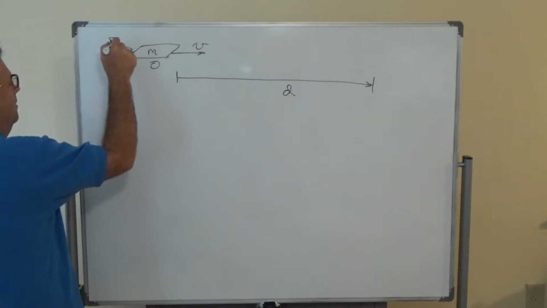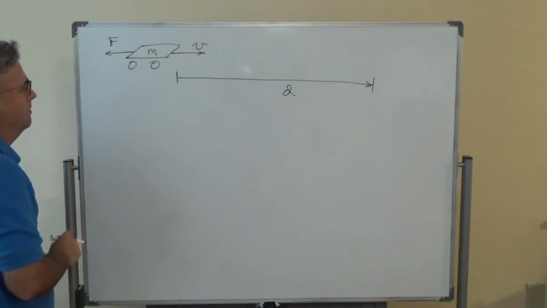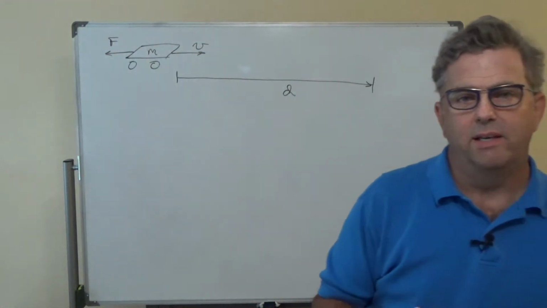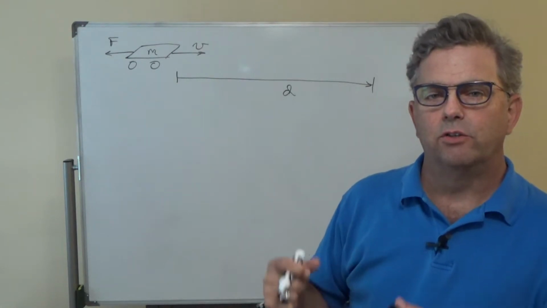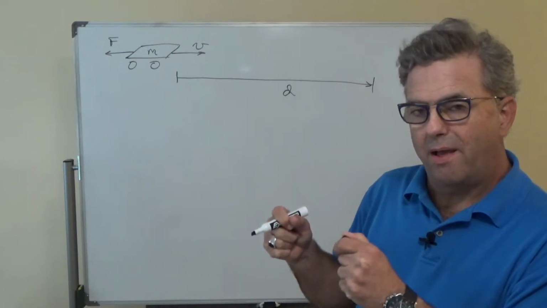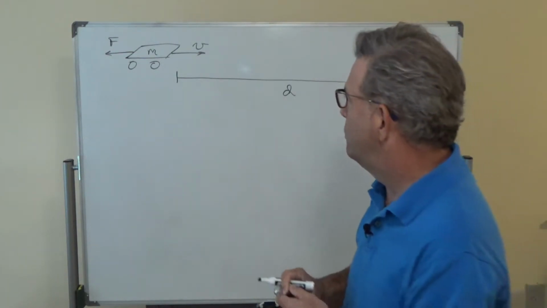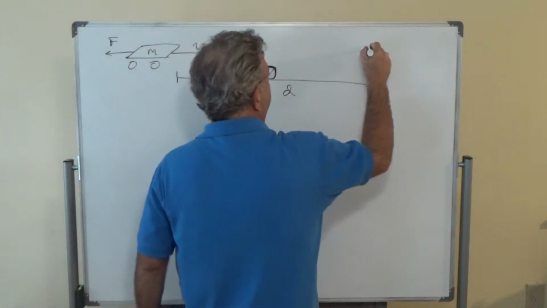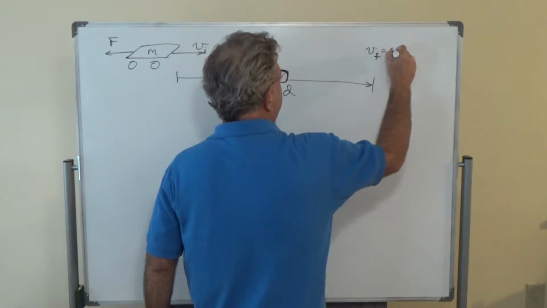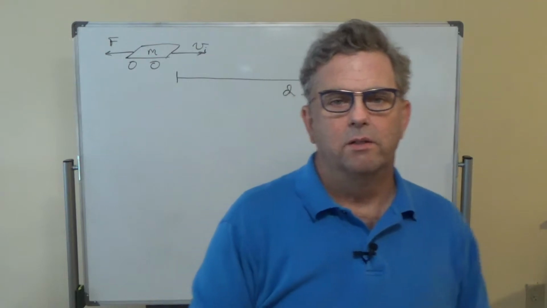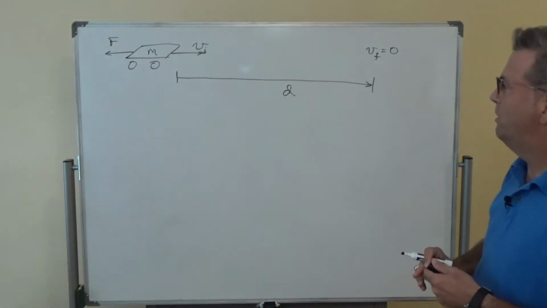I'll call it F brakes, or I'll just call it F for this. So the idea is you're traveling at some velocity v, and you apply the brakes, and in some distance you come to a stop. So here's v initial, here's v final, but v final is equal to 0.